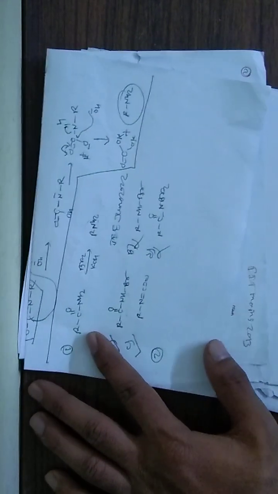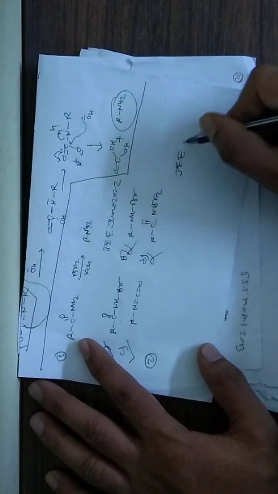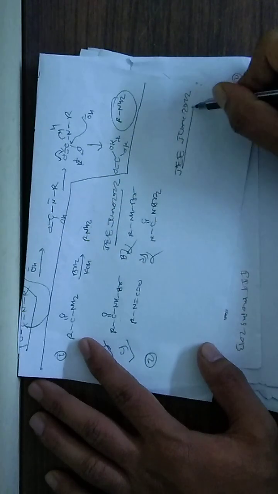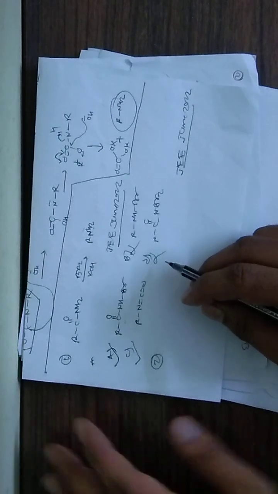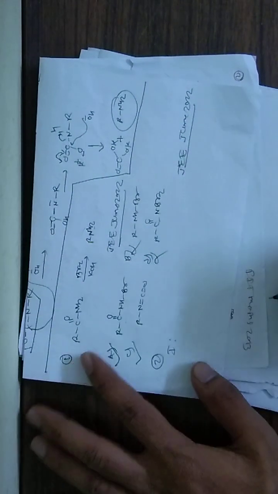Now the second question, based on this Hoffmann bromamide degradation reaction, was also asked in JEE June 2022. See here, in the same year, two questions depending on that reaction were asked. So see the importance of this reaction. Here two statements are given.